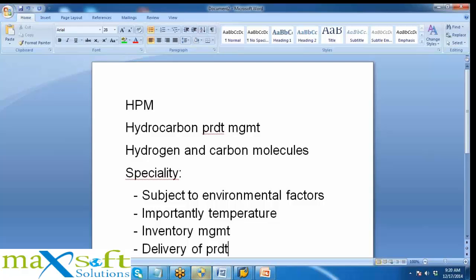These things form part of hydrocarbon product management. The area dealing with these issues is called the HPM module or HPM topic. How it is done in SAP, we are going to see in detail. But the objective, the background, the business issue HPM is trying to address is this.